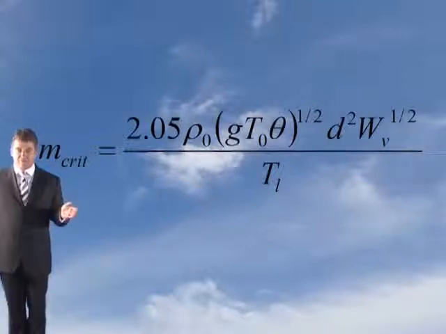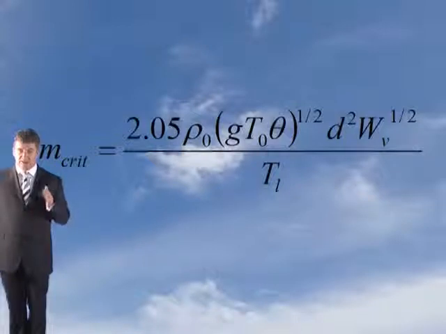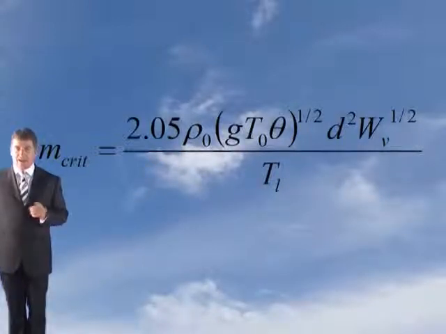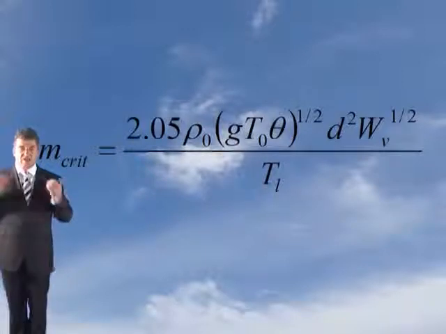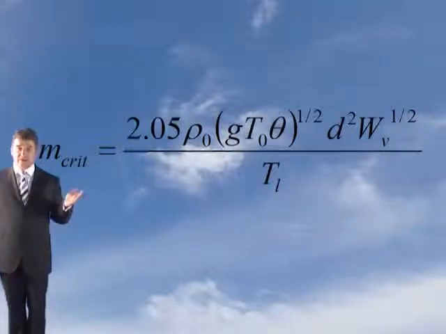The mcrit equals 2.05 times rho naught times g times T naught theta to the square root times d squared times Wv to the half times your TL. Now don't forget in this formula for the plug holing check, you've got to work out your Wv, the width of your ventilator if it was circular, and this is the formula you need to apply.